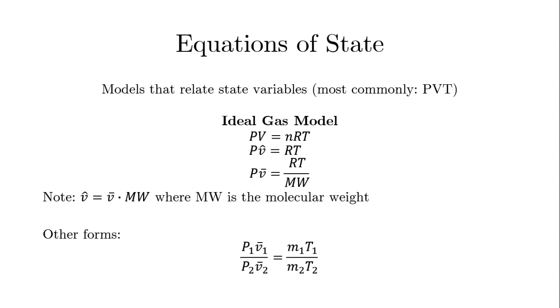So if I'm assuming in the control mass analysis that the mass does not change, then I can just cancel out that n or the m or whatever, and I could say that for state 1, P1 V1 divided by P2 V2 should be equal to T1 over T2. The mass really shouldn't change, so I can cancel that out. So that's kind of how that would work. So you could use it in this form, or you could use it in the regular form. We rarely will use it as PV equals nRT.